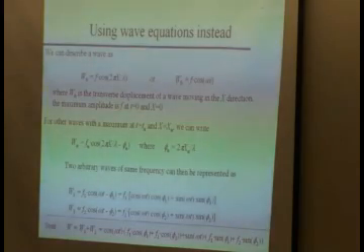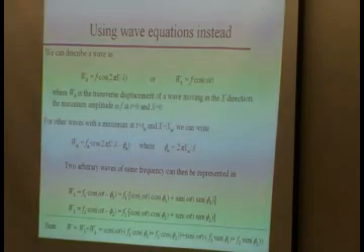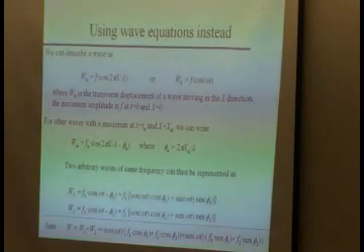Here's a generic wave. It has an amplitude W0, and it's described by some general amplitude. This is the maximum amplitude that that wave can have, and a cosine function of some argument. And I can choose several reference frames.